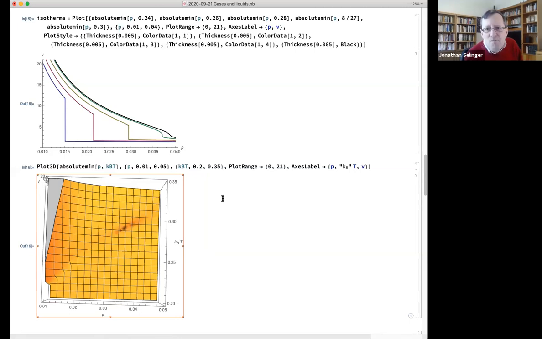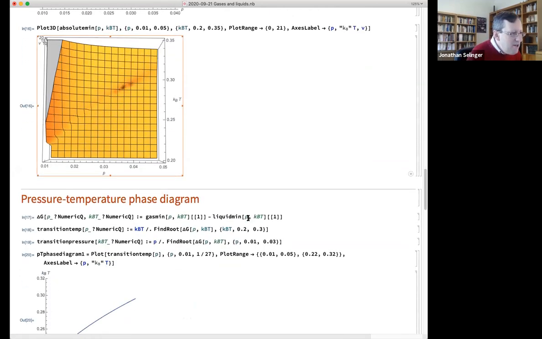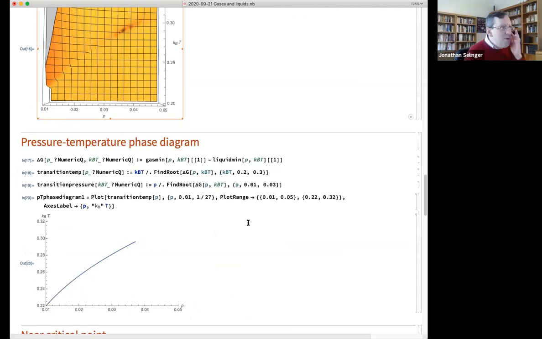What I want to show you is that here you could say there's a phase diagram where pressure is on the horizontal axis and temperature is on the vertical axis, except it came out over on this side. But I can make the plot like this one.